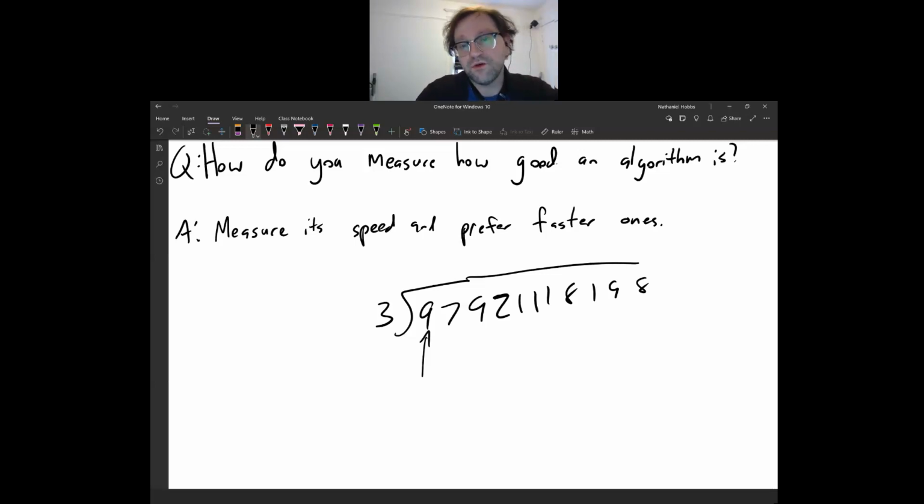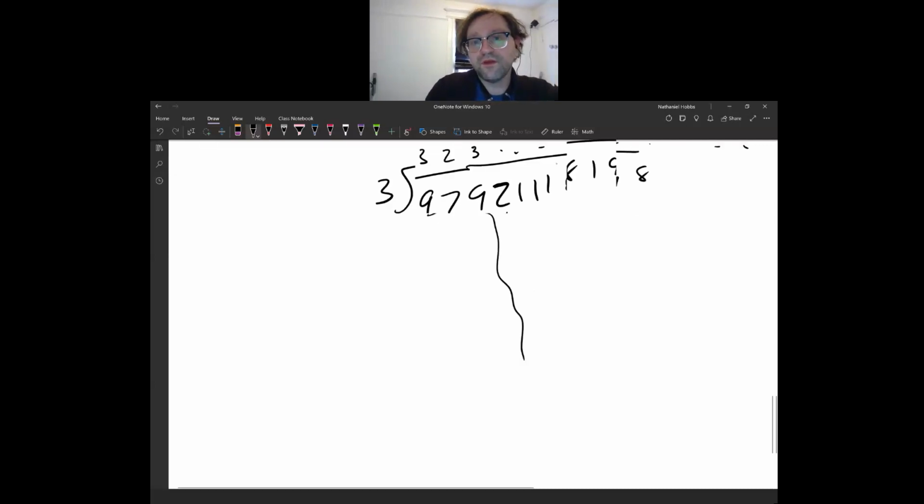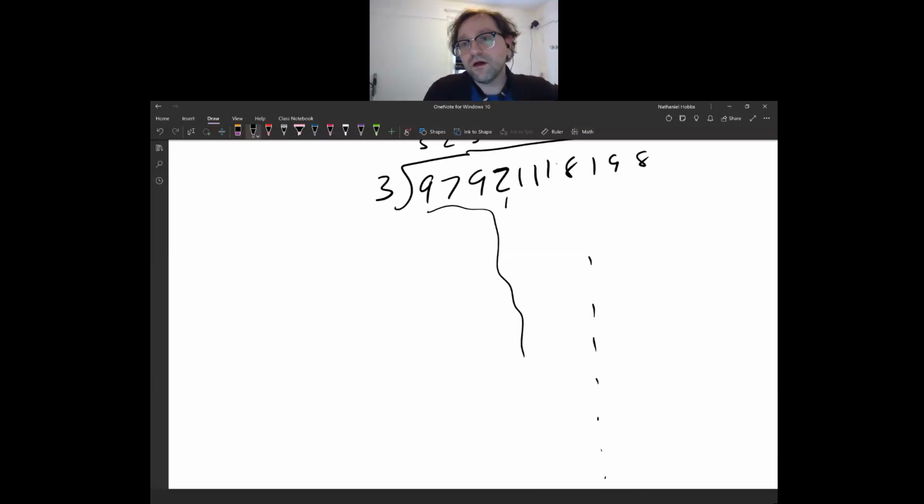You start at the beginning, see how many times this is evenly divisible, this is 3, and then you go to the next one, that's 7. 3 can go in 2 times into 7, and then you carry 1 over. So now you look at, how many times can 3 go into 10? That can go in 3 times, carry a 1, and like this. And you can go on and on and on. If you're following this algorithm, you might take up more and more space on your sheet of paper to carry out all of the carries.